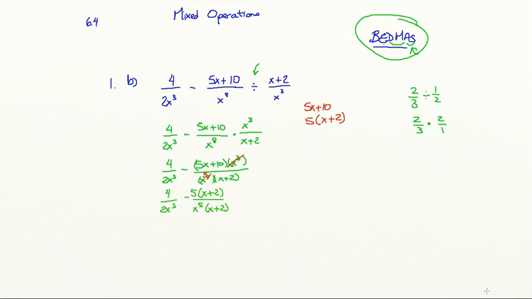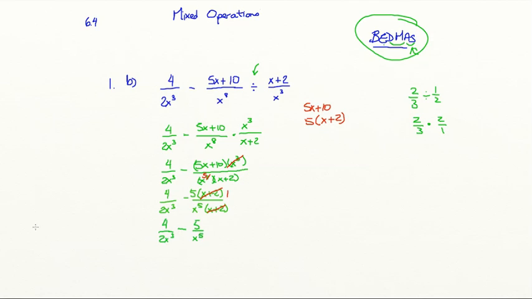And yes, my x plus 2's can reduce. What I'm trying to do here is to make it as simple as possible so that I really have less math I have to do. Okay, I'm going to rewrite it. That looks a lot simpler.